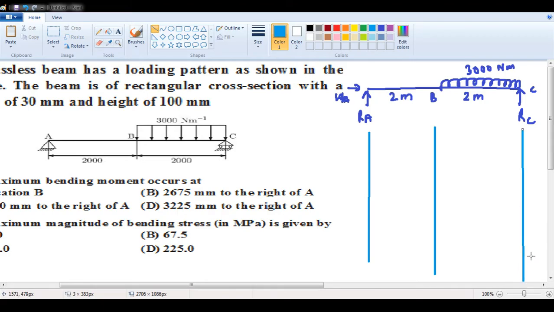Before that we need to find the values of RA and RC.